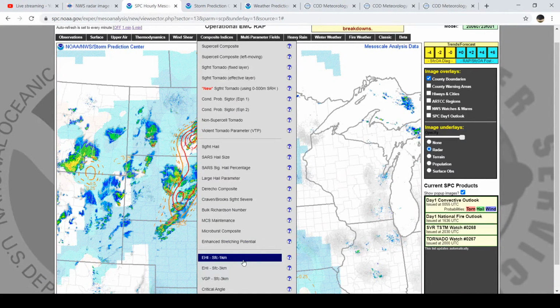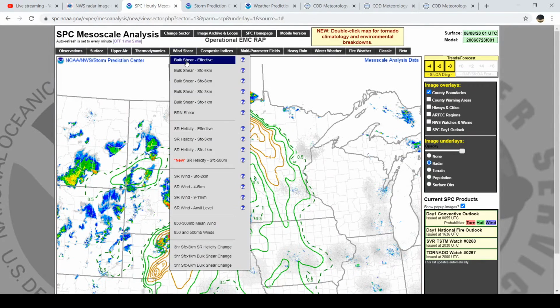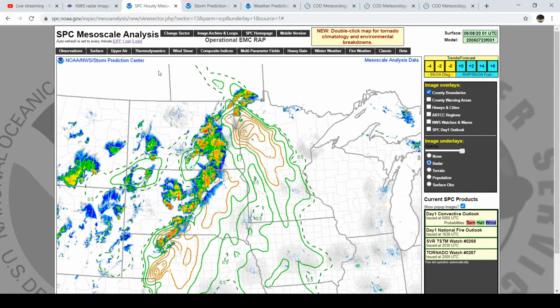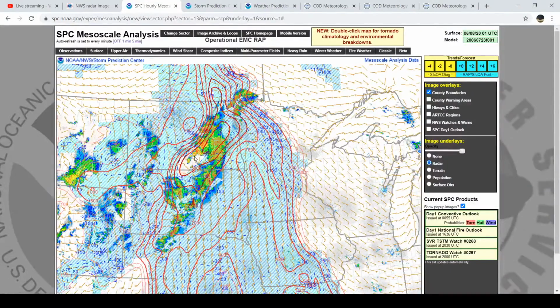I think our energy helicity index is about a 3, so there's plenty of energy within this region. And that's because, if we look at mixed layer CAPE, there's about 3,000 joules per kilogram of CAPE with no convective inhibition. This storm has no convective inhibition within this region.